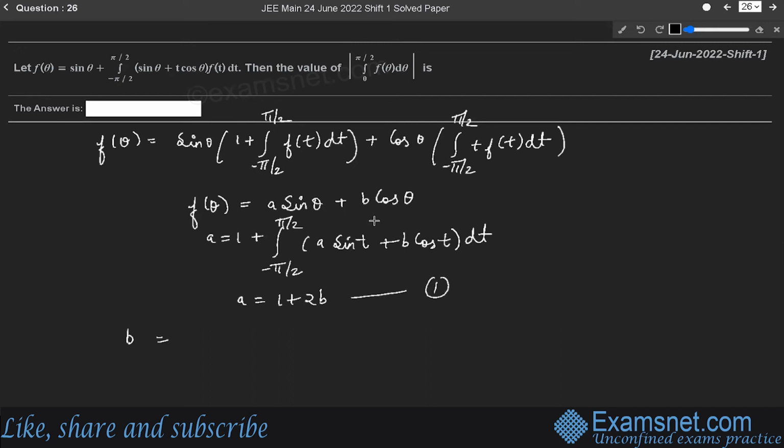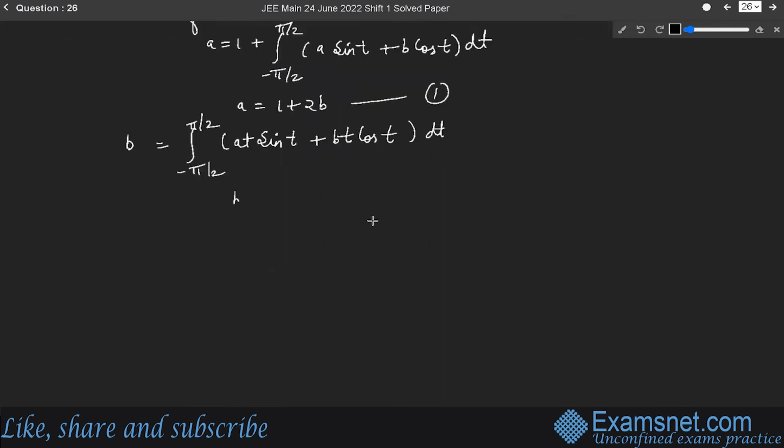And b is equal to the integral of minus pi by 2 to plus pi by 2 of (a t sin t plus b t cos t) dt. Therefore, we can say that b is equal to 2a. Let this be equation number 2. From both equations 1 and 2, a will be equal to minus 1 by 3 and b will be equal to minus 2 by 3.